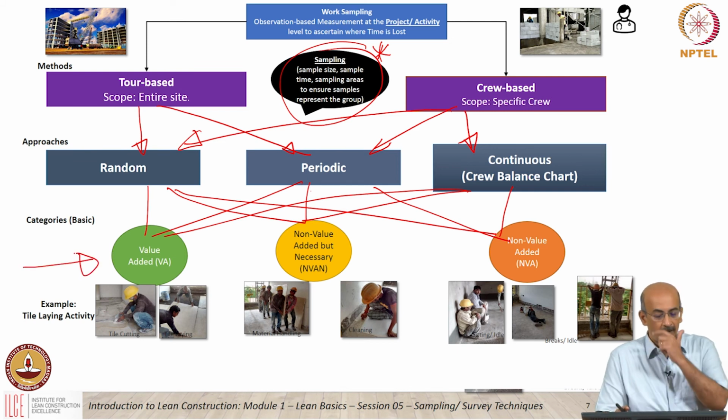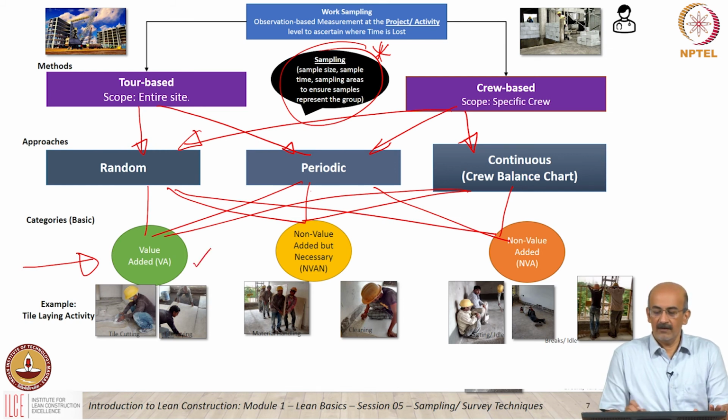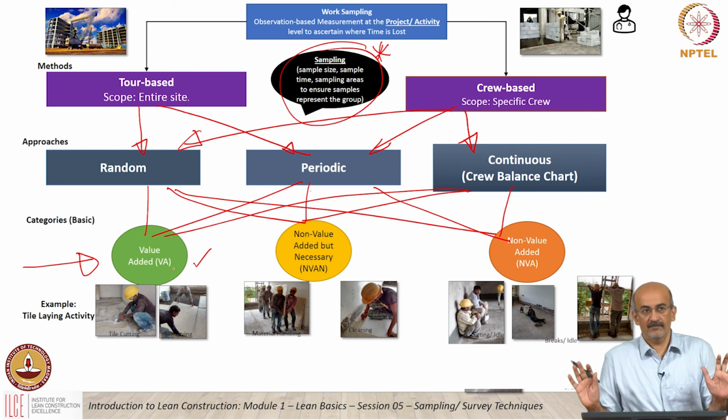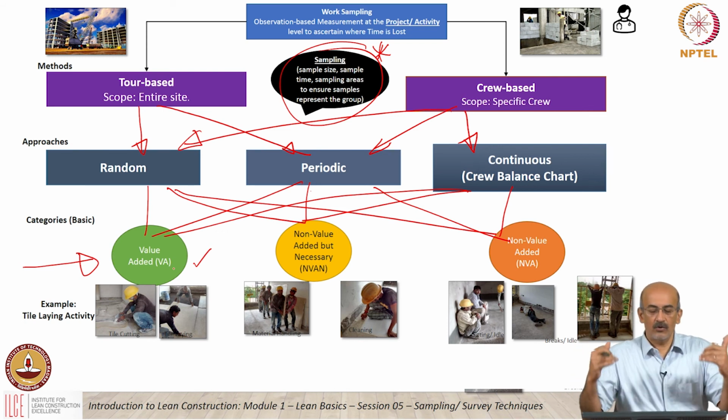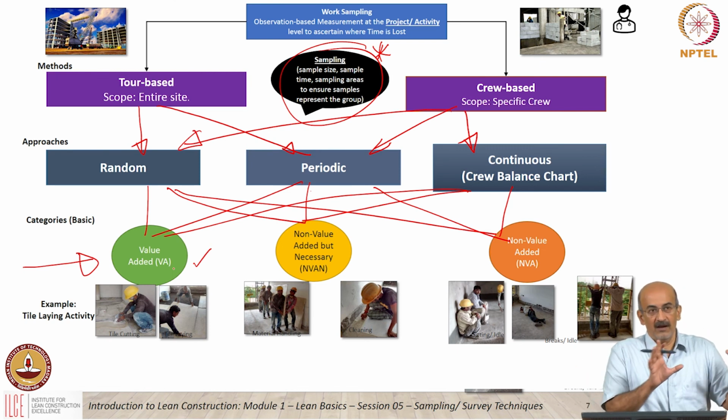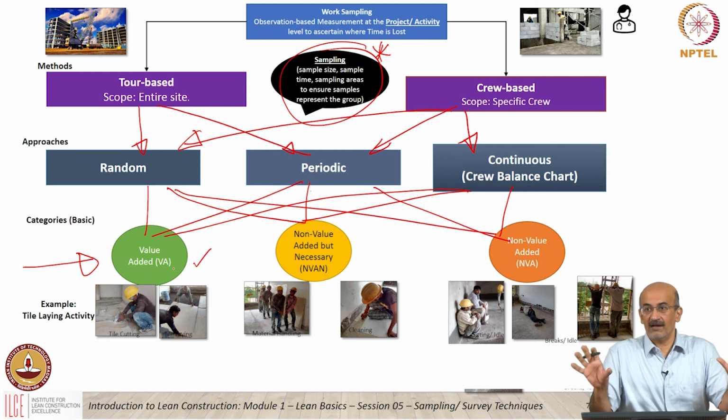Obviously this correlates to waste, correct? If I get a lot of value added work, the more the value added, I am assuming my waste is less. So, as I come out with my samples and do my calculation, I want to see where my activity levels are.